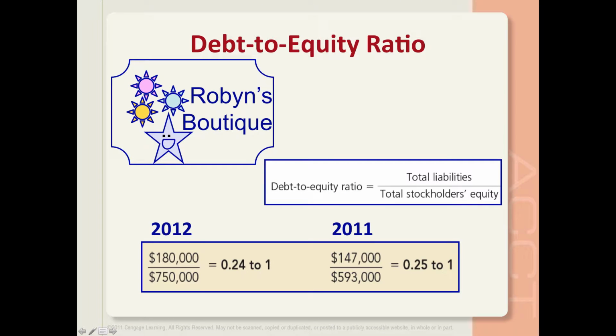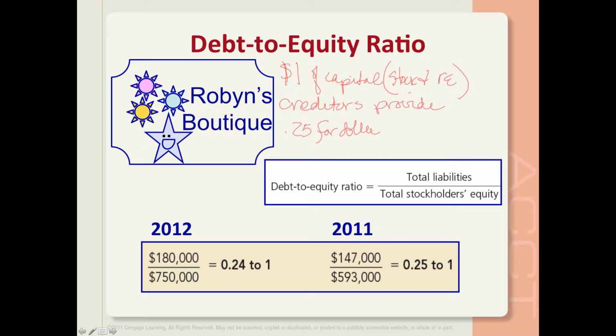The debt to equity ratio tells us that for every $1 of capital, remember that includes stock and retained earnings, creditors provide, depending on the year we're looking at below, either 25 cents for every dollar or 24 cents for every dollar that we raise.